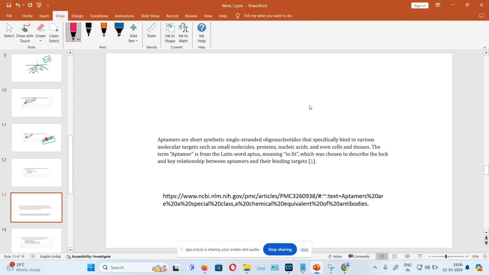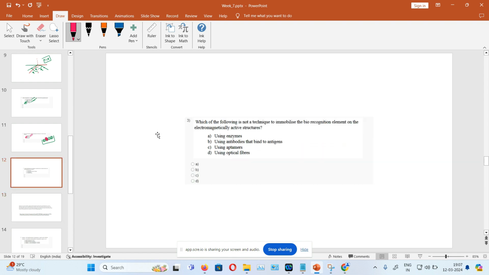What is an aptamer? An aptamer is a short synthetic single-stranded oligonucleotide that specifically binds to various molecular targets such as small molecules, proteins, nucleic acids, and even cells and tissues. So this can also be used to bind to the entities which we are going to measure or study.